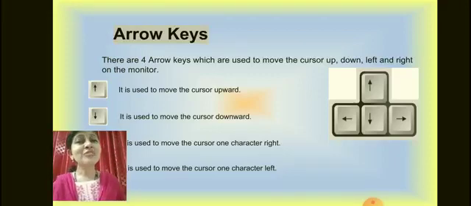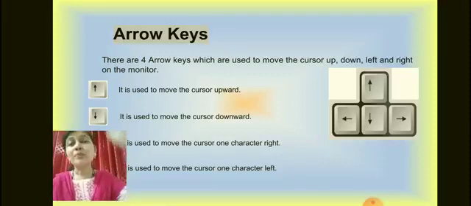So what do I have to use? Yes, these arrow keys. If you want to go to the top line, then press the up arrow, and the cursor will move upwards.